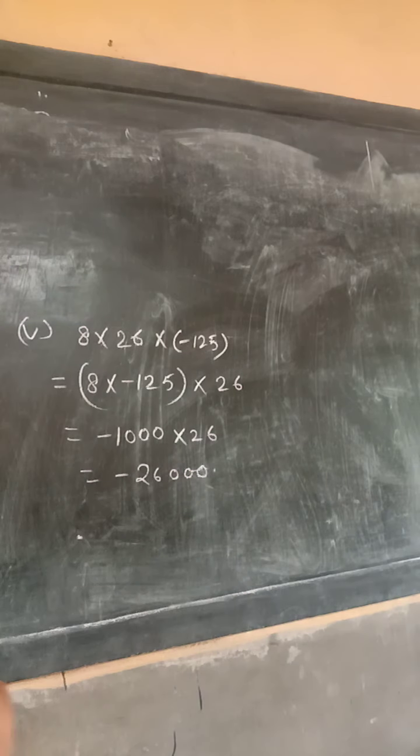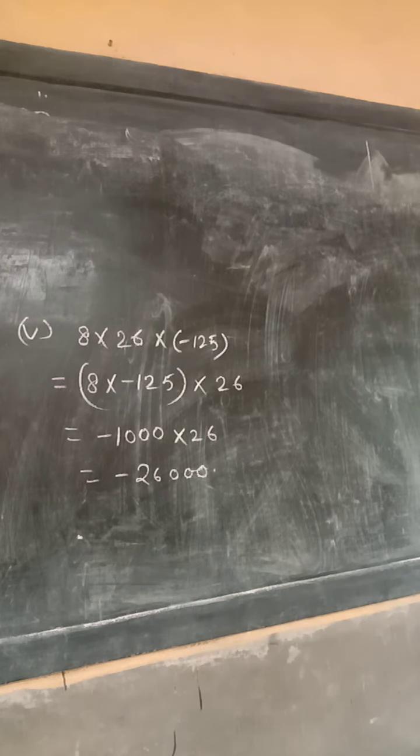So if we group it in a proper way, our multiplication will be very easy. Otherwise you have to multiply 8 into 26, then again into 125. So it takes time. But if we regroup it at certain points, then our multiplication will be easier. So you have to see which groups you can form.